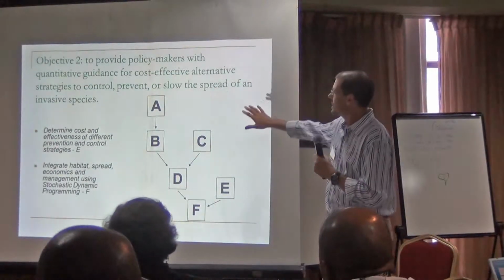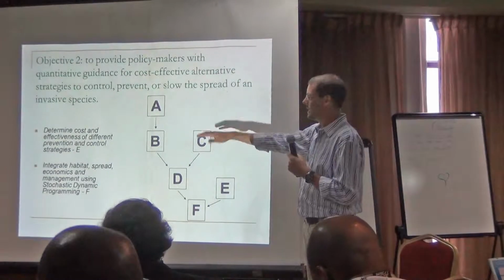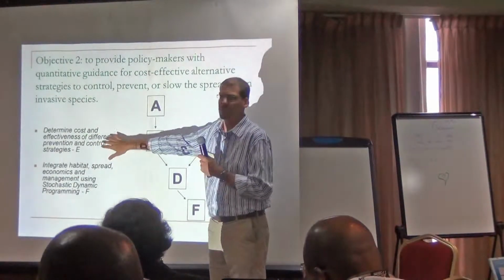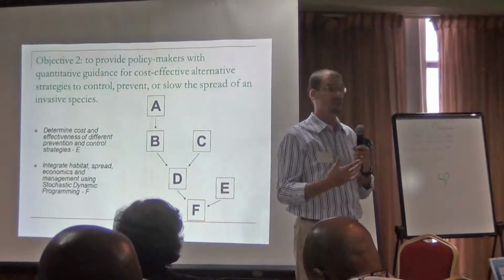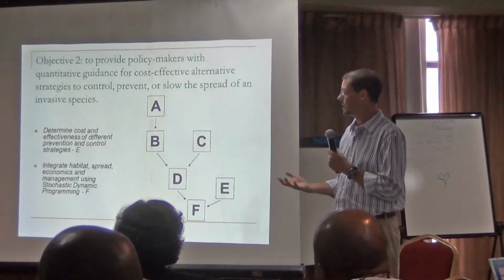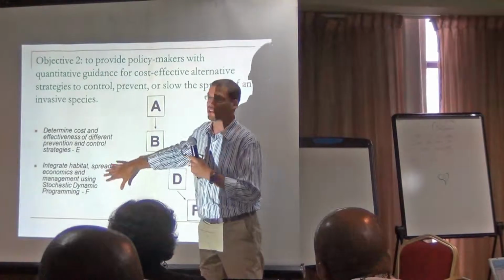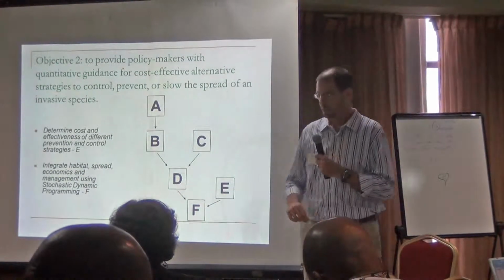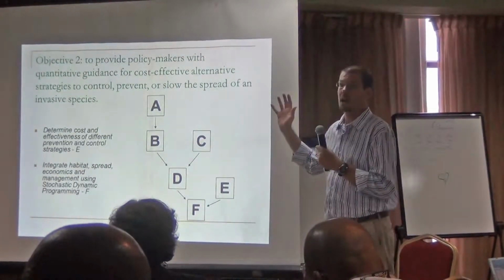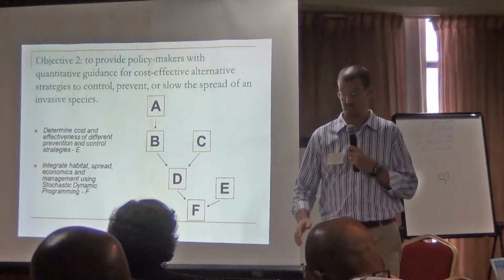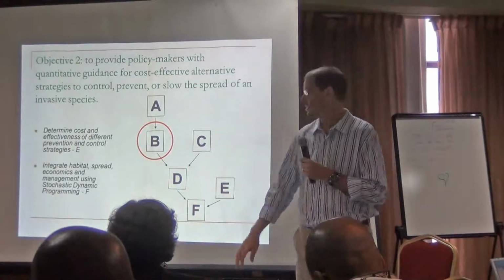And then to provide some guidance, we need to know whether prevention and control strategies are effective. We talked a lot about this yesterday, about whether we can actually eradicate things. And then we try to integrate all those things to come up with an answer. I'm not going to talk about all that today. I'm going to talk about this piece, the spread piece.